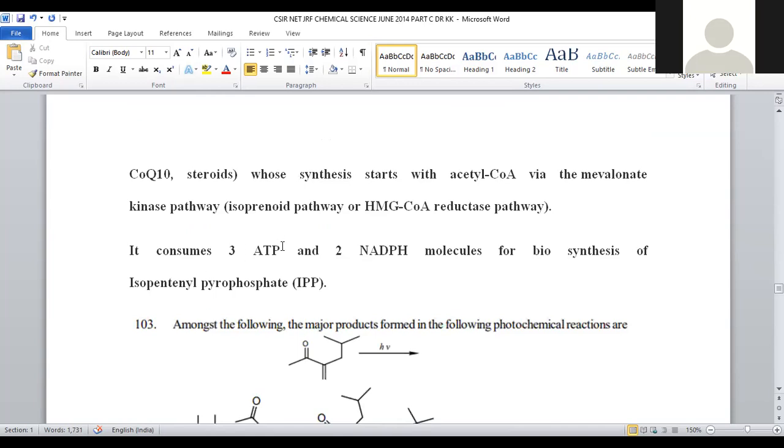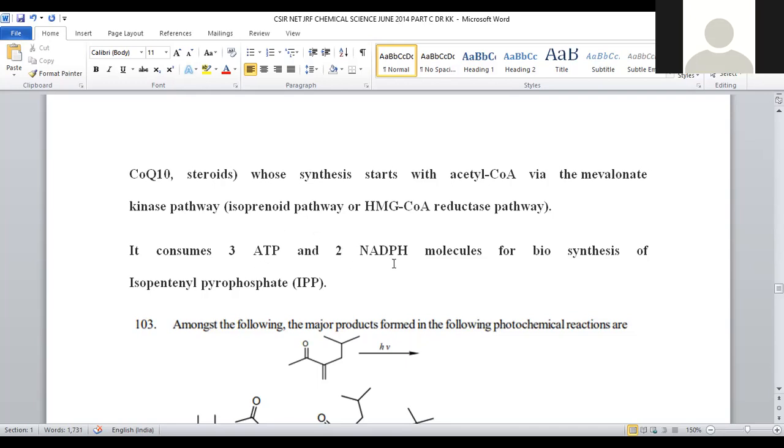It consumes ATP. ATP stands for adenosine triphosphate, the energy packet present in our body. Upon reaction, energy is emitted that we use for all our metabolic activities, and it is in turn converted into ADP, adenosine diphosphate, after the reaction.